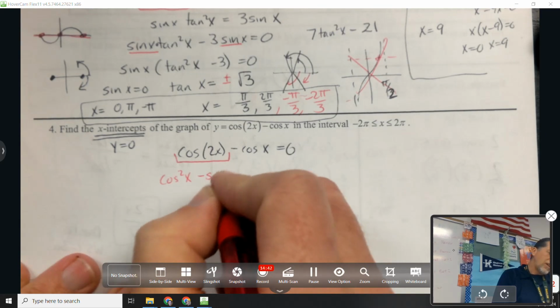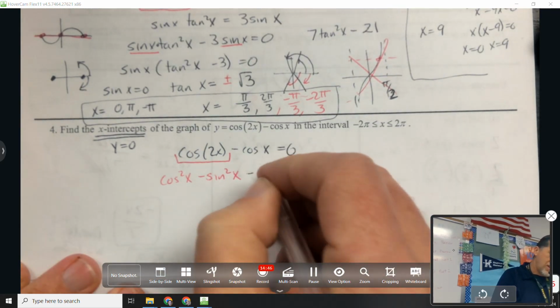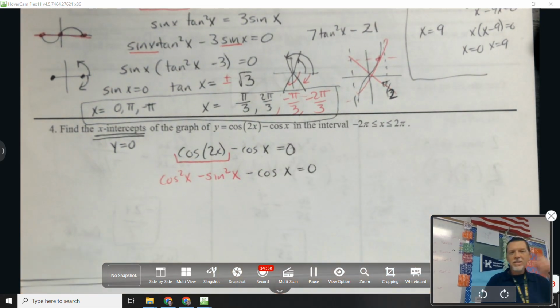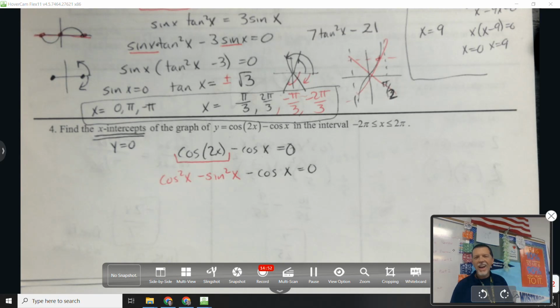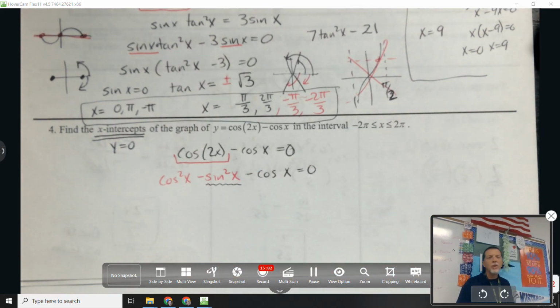Cosine squared x minus sine squared x. So, well, was that helpful? Kind of. All my arguments are the same, so that's better, I guess. It'd be nice if sine wasn't in there, like if everything was in terms of cosine.